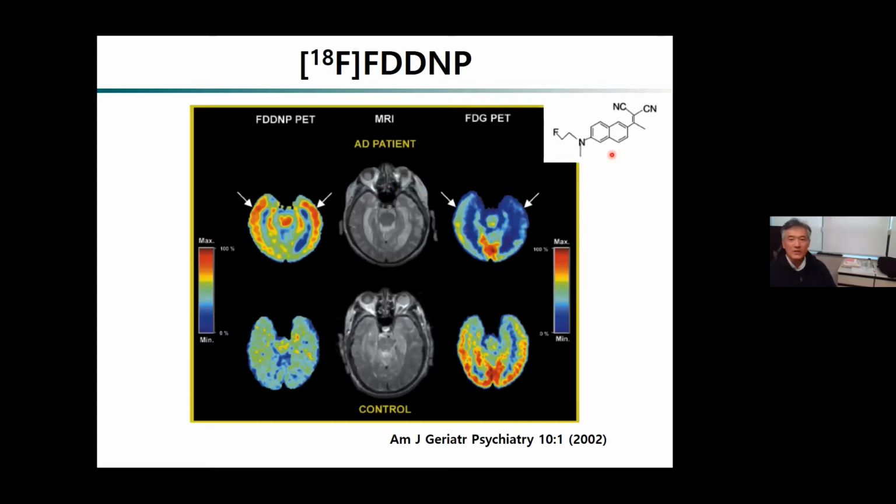The F18 versions of these amyloid plaque imaging agents were approved by the US FDA, and also the Korean FDA. Now the government health insurance can cover it, and the patient only pays less than $200 for amyloid plaque imaging.